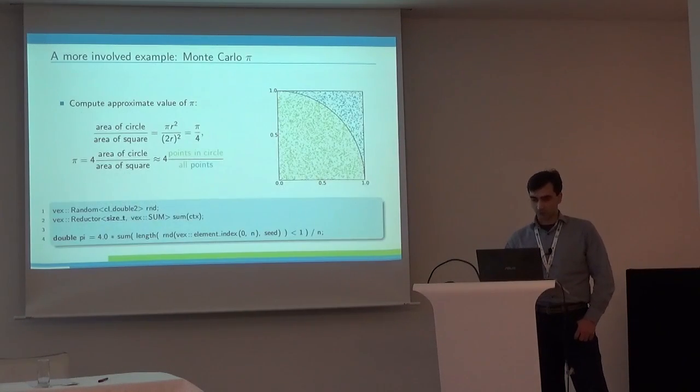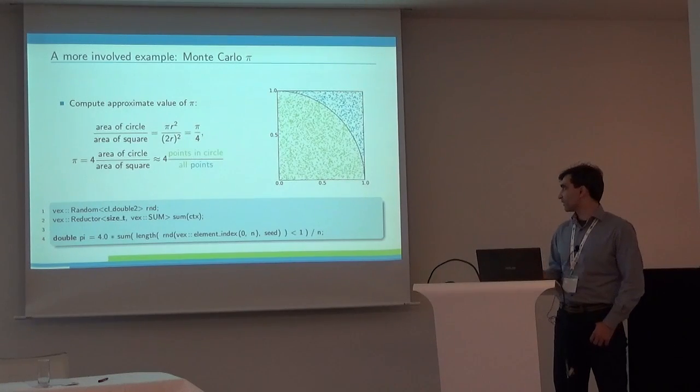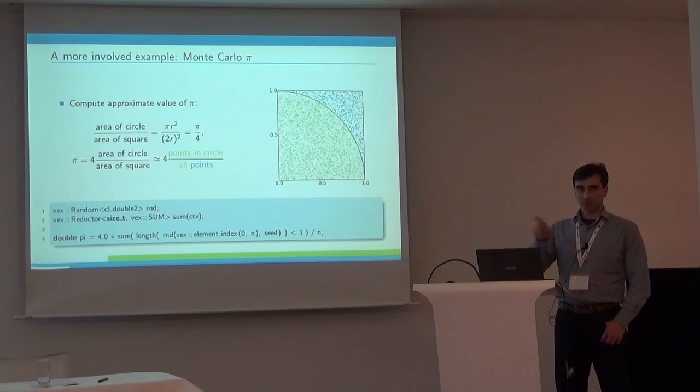And you can combine these expressions into much more complex expressions as well. So here's a bit more involved example. Imagine that you want to compute an approximate value of pi with a Monte Carlo experiment. If you have a circle inscribed in a square, then pi will be equal to 4 times the fraction of the area of the circle to the area of the square.